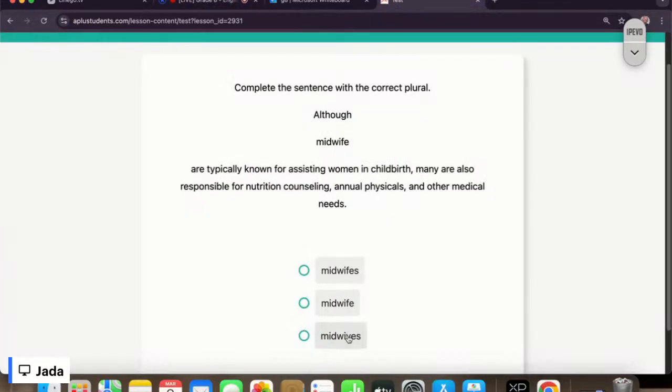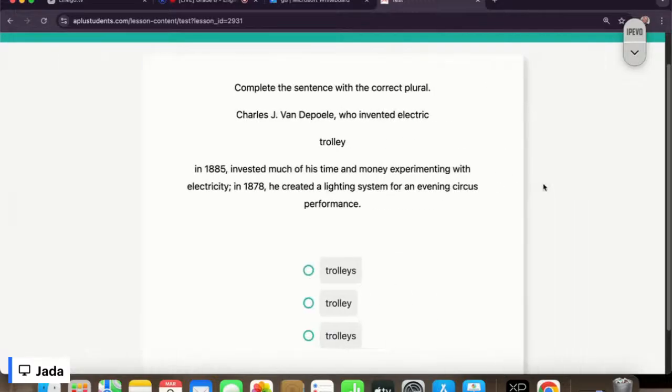All right, so we have midwives. It changes to ves, okay? So is it trolleys, trolley, or trolleys? Which of them here?